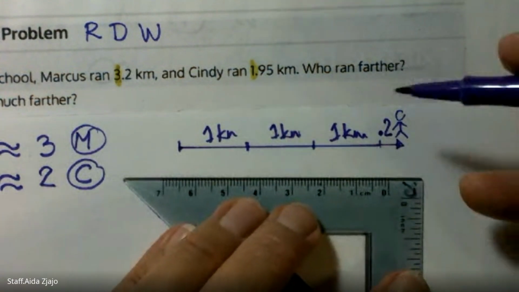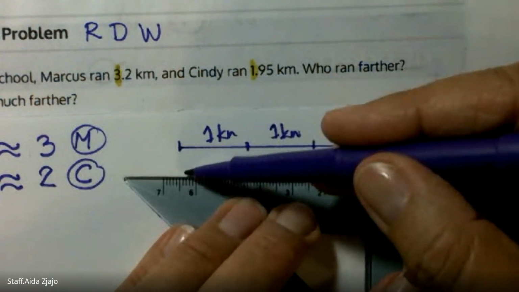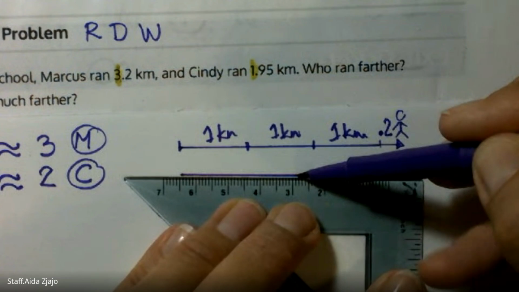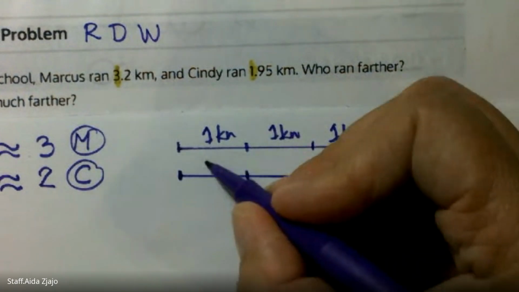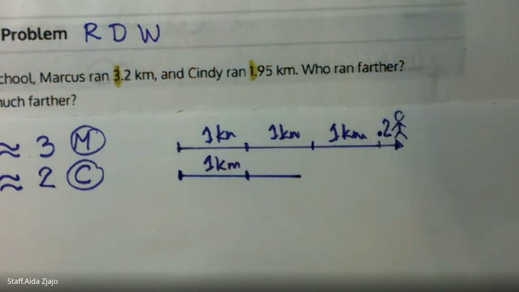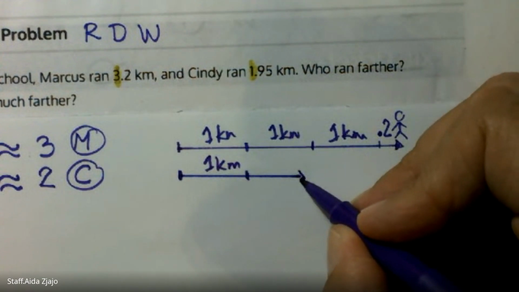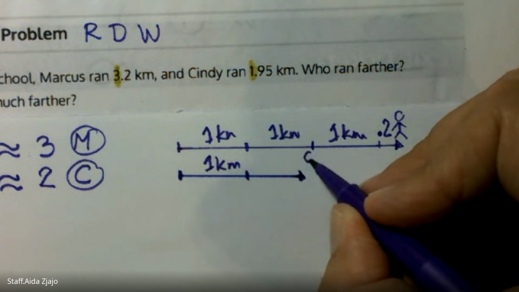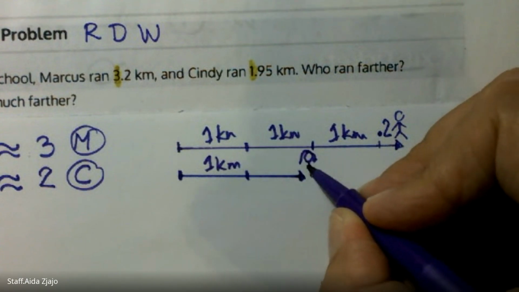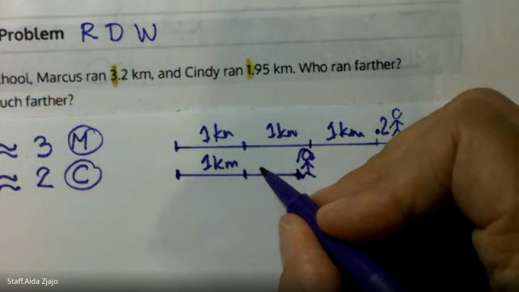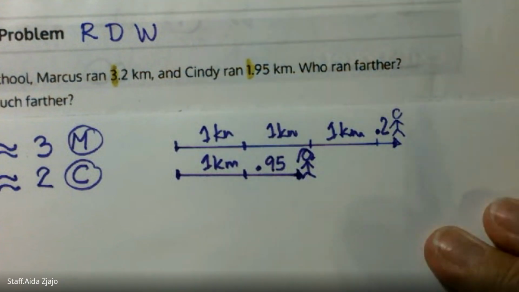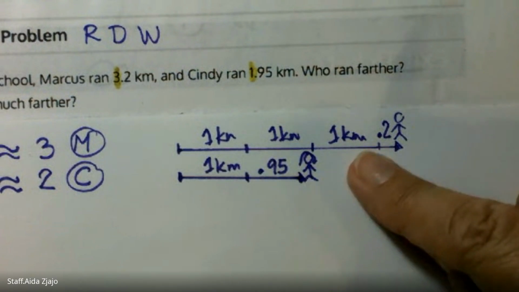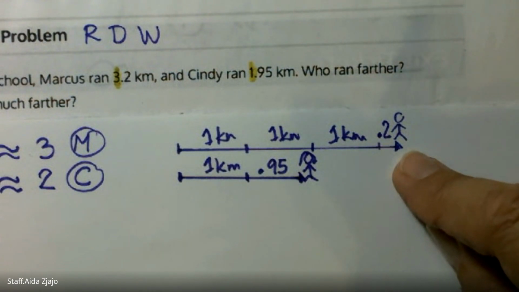And if you look at her, she did 1 and 95 hundredths. So it's about this much, 1 kilometer, and then she's about right here. This is 0.95 kilometer. So now you can see by the picture, when you draw, that he went farther than her.